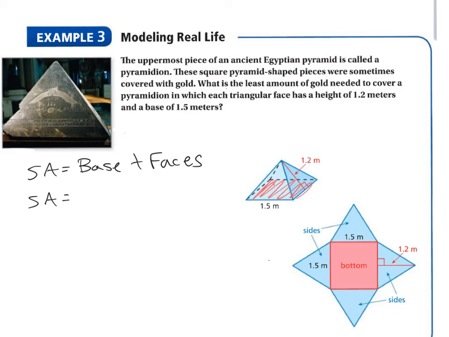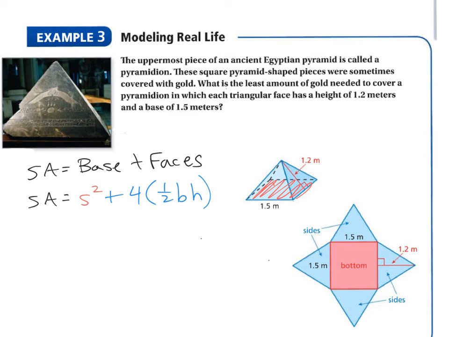So therefore it is 1.5 squared, or 1.5 times 1.5. Length times width would be the same, so we call it side squared. So the bottom is going to be side squared, and the faces are just going to be triangles. How many triangles do I have? 4. And I'm going to multiply that times 1/2 base times height, which is the formula for triangles. And then that should give me my surface area.